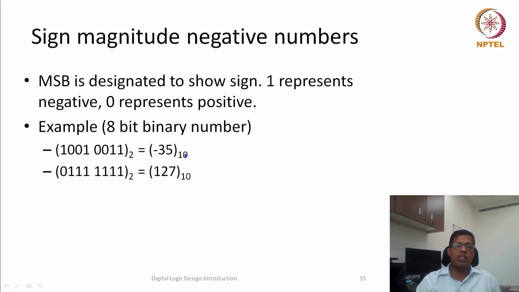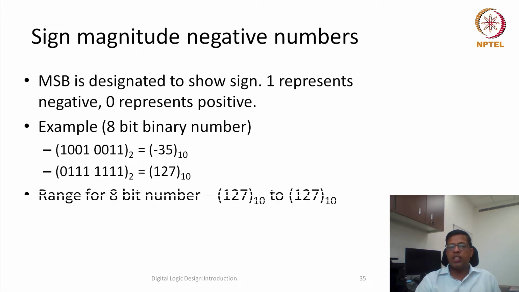So I can represent minus 35 using this. And similarly, if I have to represent any positive number like 127, my most significant bit is 0 because the number is positive, and the rest of the bits I can use to represent that number. So with this way we can clearly see the range of numbers for an 8-bit number could be minus 127 to positive 127.